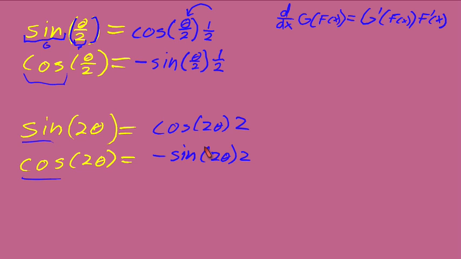Now I feel like I should leave you with one more good example before we go any further. Bring up a new note here. I don't really have one in my head, so I'm just going to try to think of one really quick here. Here's one.